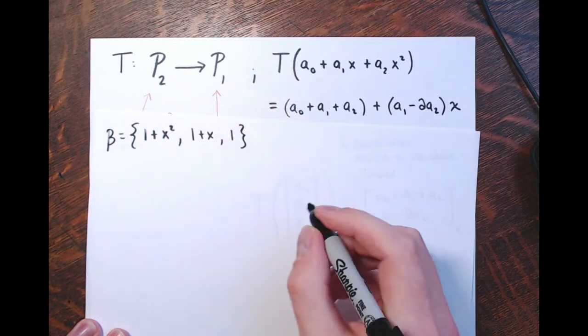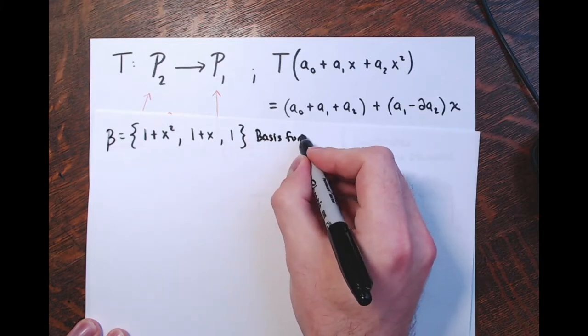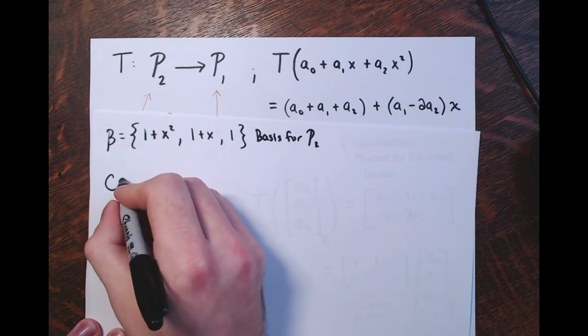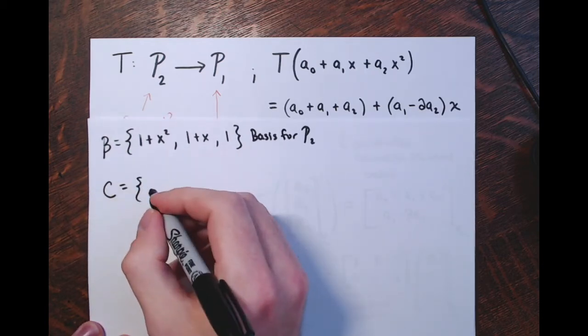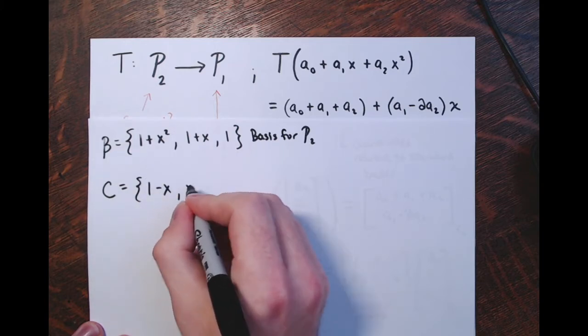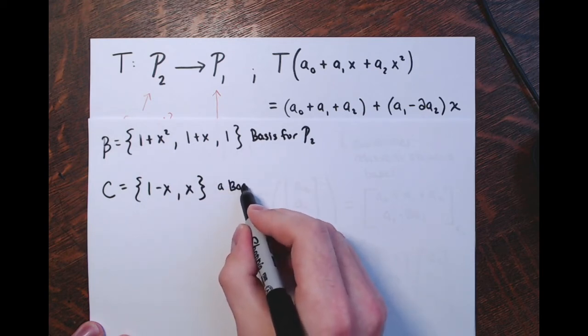This is a non-standard basis for the domain. And we're going to have C be the set of vectors 1 minus x and x. And this is a non-standard basis for P1.